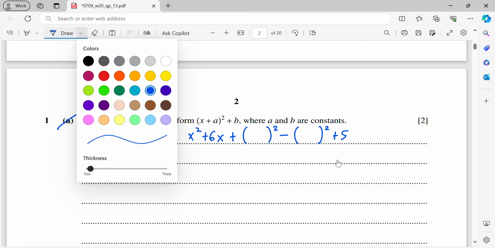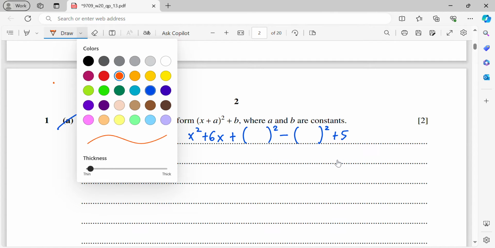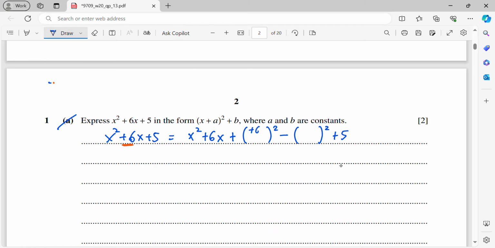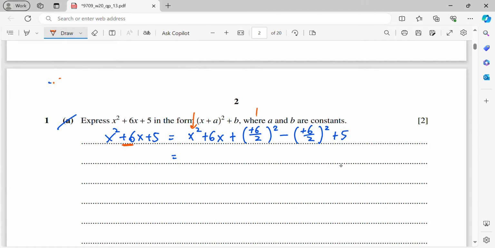The term inside the bracket should be half of the coefficient of x, which means plus 6 divided by 2, for both. Then to combine, just refer to the first and third terms. Now I can factorize the square and I will get x.